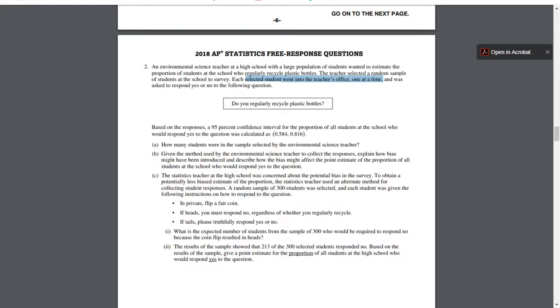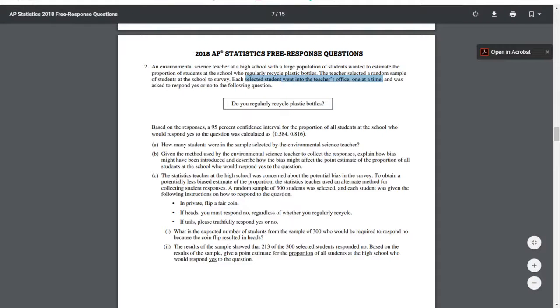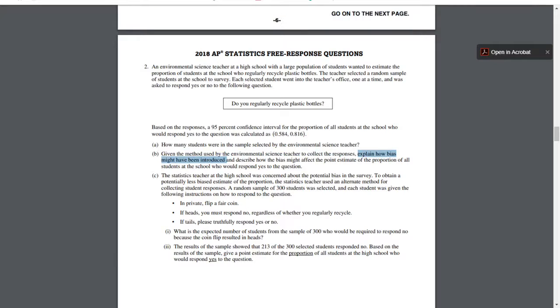You might be embarrassed to say no, essentially, is the idea. That's how bias might have been introduced. And describe how bias might affect the point estimate. We think that it might be too large. More people would be inclined to answer yes, and the point estimate would be higher than the true proportion.